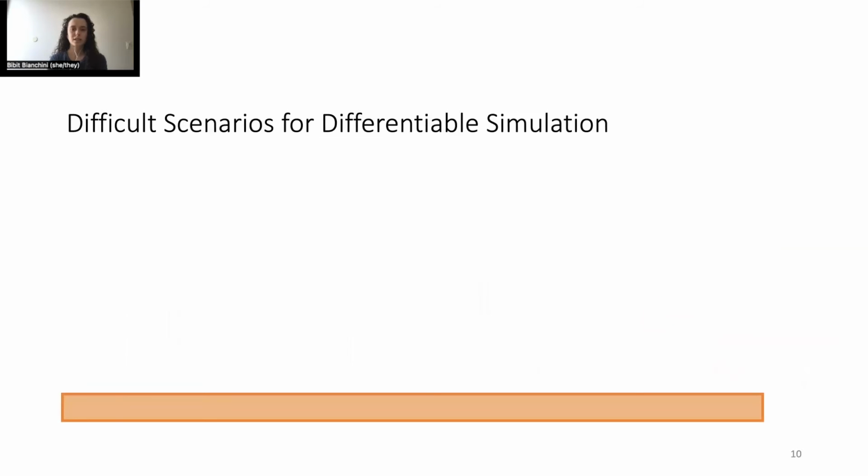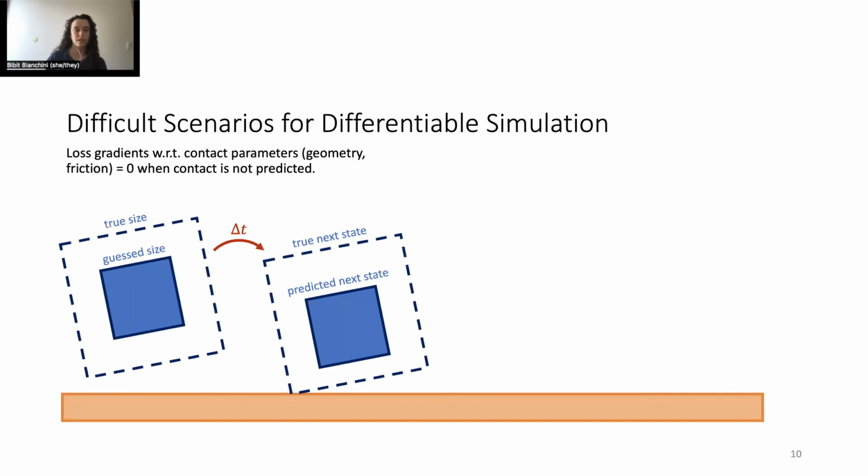We can discuss a couple of examples for where differentiable simulation approaches struggle. One of those is that the loss gradients with respect to contact parameters, so geometry and friction, is 0 anytime contact is not predicted.